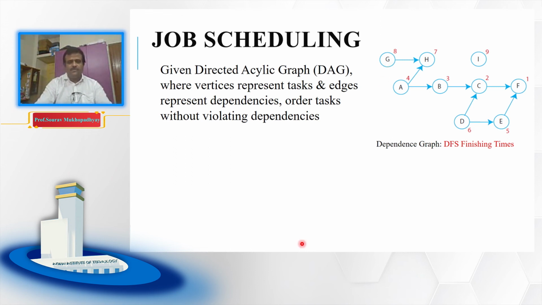If we have an edge like u to v between two vertices, whatever order of the vertices we give, we first do this job, then this one, that is the job scheduling application. That is done by what we know as a topological sorting of the vertices.